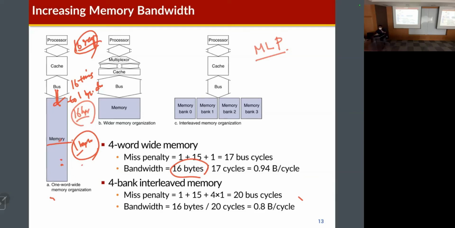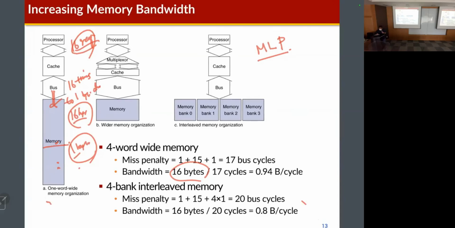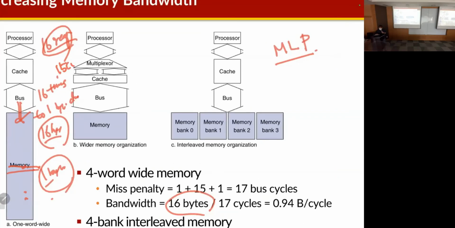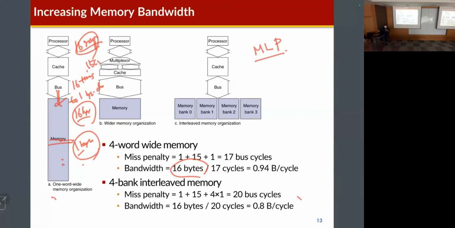Let us assume that the latency of this memory device is about 15 cycles. So for this memory, in order to service 16 requests, it will consume 16 multiplied by 15 cycles.